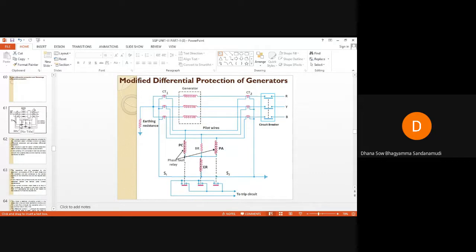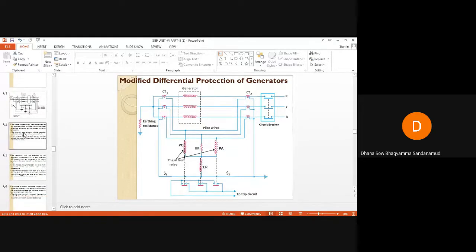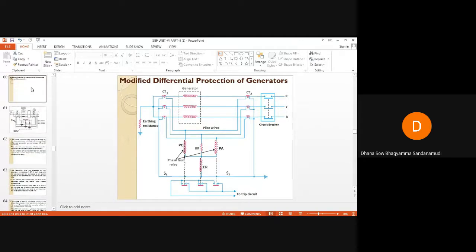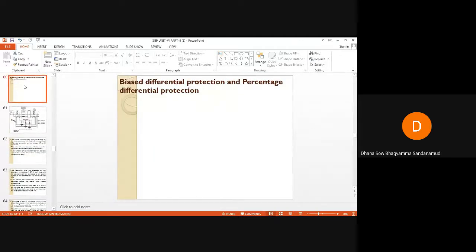Now the next one is biased differential protection, or percentage differential protection. You can call it biased differential protection or percentage differential protection.